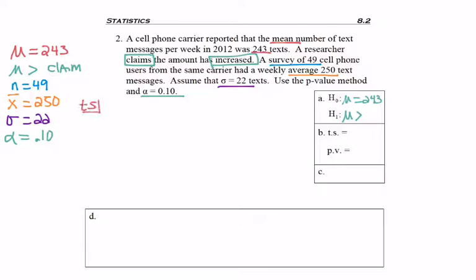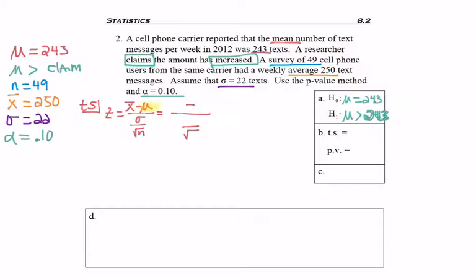So I've got my 243, which just disappeared. Okay, it's back, and now we're ready to find our test statistic.